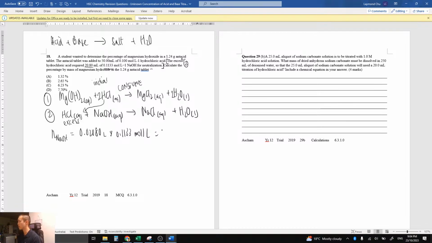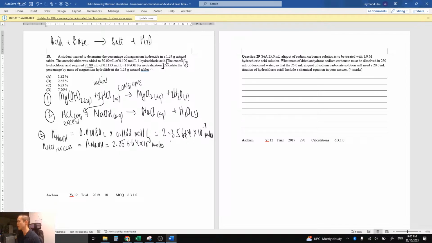I like to write in scientific notation as opposed to writing all the zeros, especially when there are a lot of zeros. So that's that many moles. Now we can say the n of HCl excess, in reaction 2, is equal to the NaOH moles. The reason why is because we've got a 1:1 molar ratio.